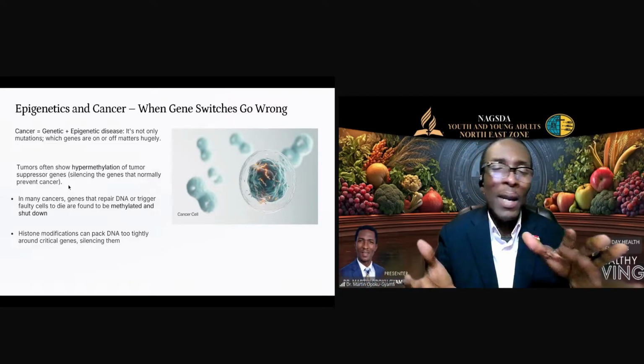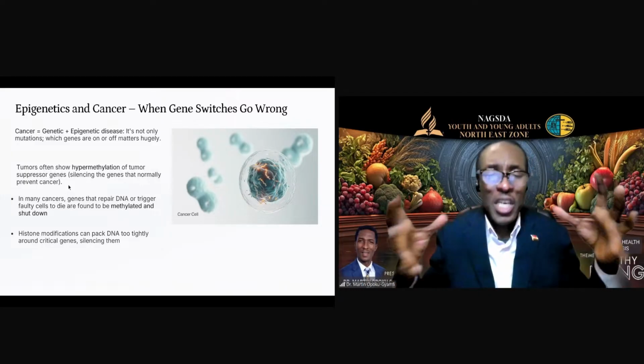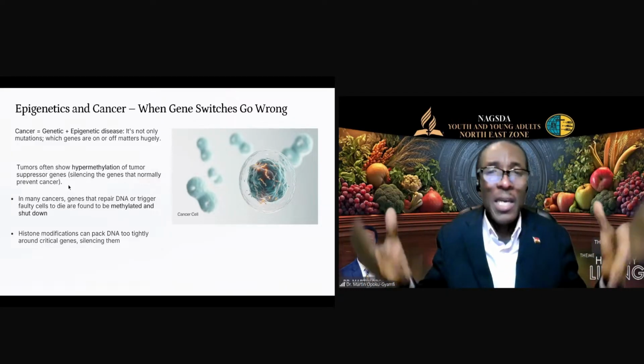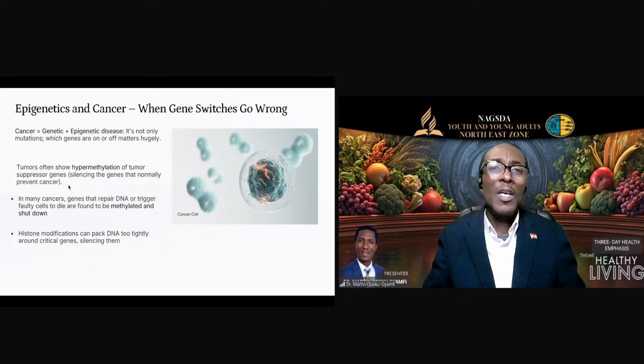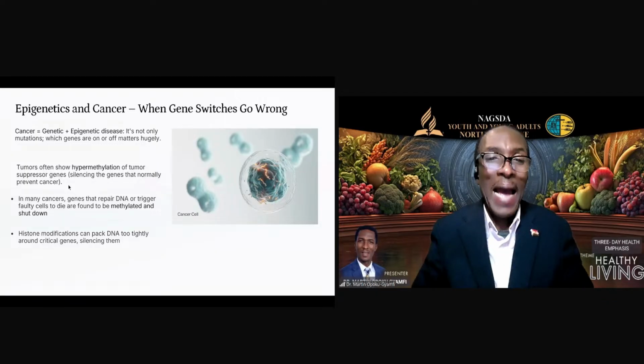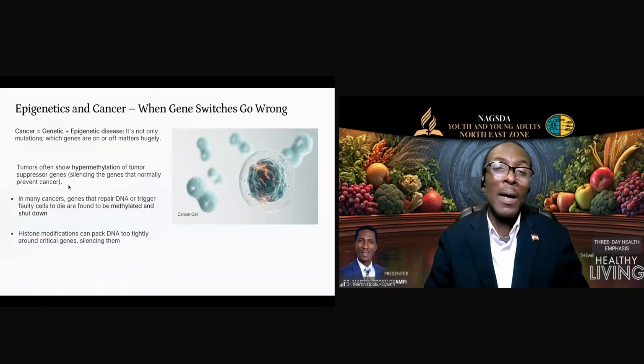We like to eat a lot of fried chicken, deep fried chicken, buckets at a time. If you do that, you are creating epigenetic tags which, research has shown, have the potential to cause cancer.